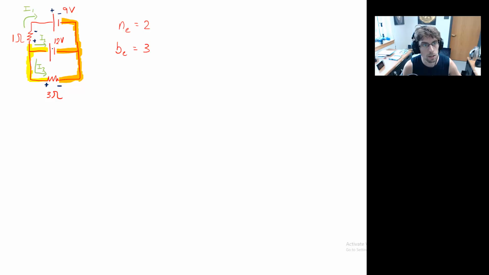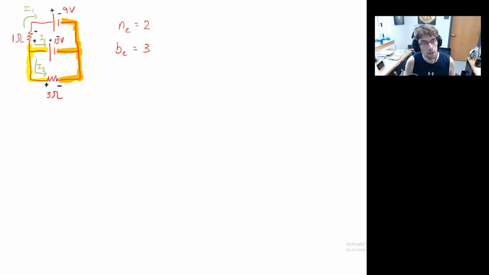I'll also label the batteries so that we have everything. It's nice to use as much of the page as possible, and if you have different colors available, that also helps out. It's not by accident that I have a case of different color pens sitting right here.